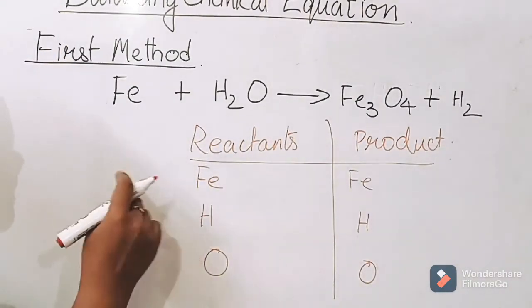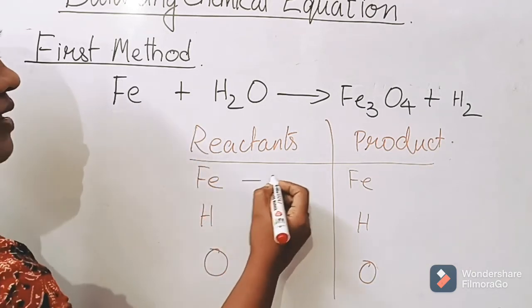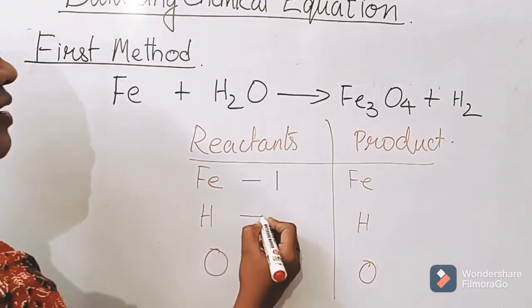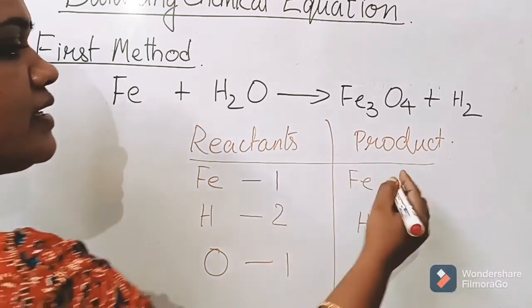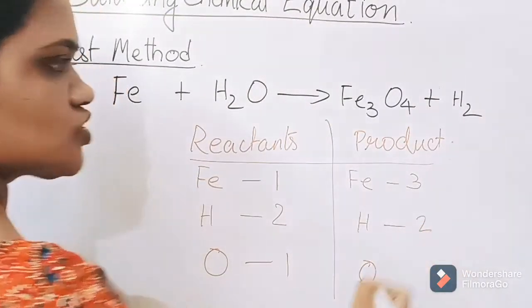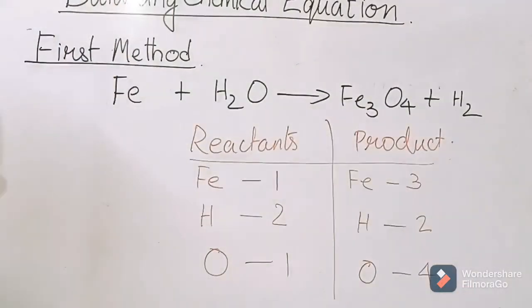Now we will write number of atoms of reactants. There is only 1 atom of Fe, 2 atoms of hydrogen and 1 atom of oxygen. Here in the product side, 3 atoms of Fe, 2 atoms of hydrogen and 4 atoms of oxygen.